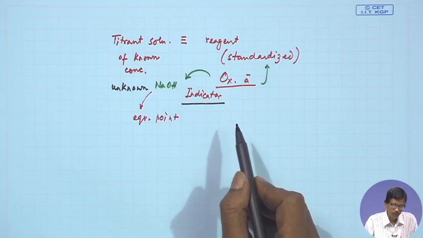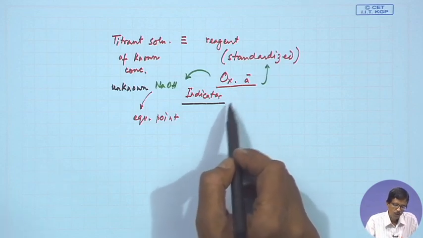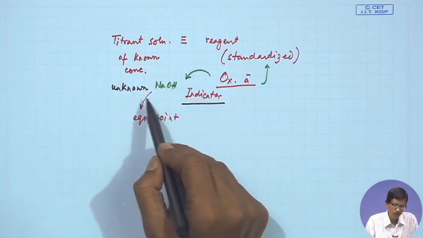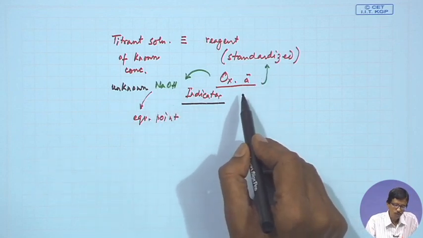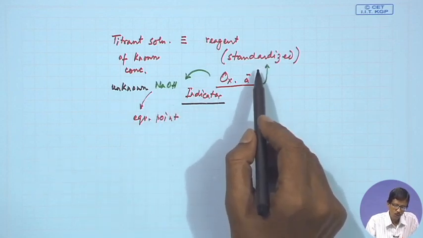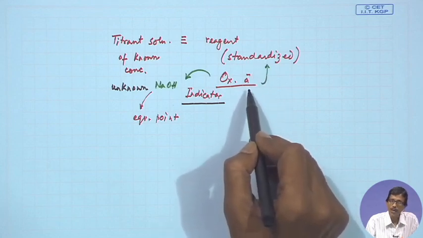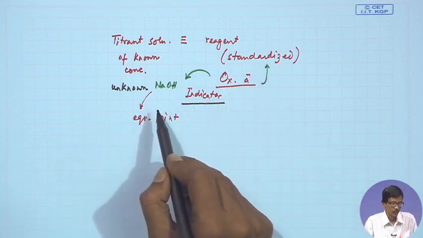In this fashion we will find out the unknown strength of the sodium hydroxide by the use of the oxalic acid, which is of known strength and can be taken in your burette for this titration.